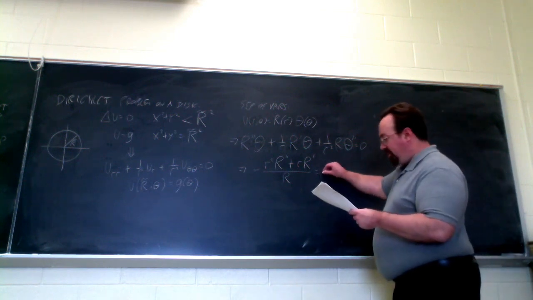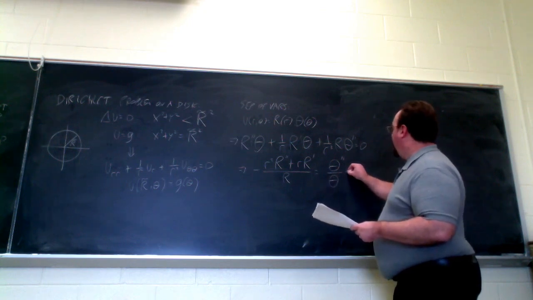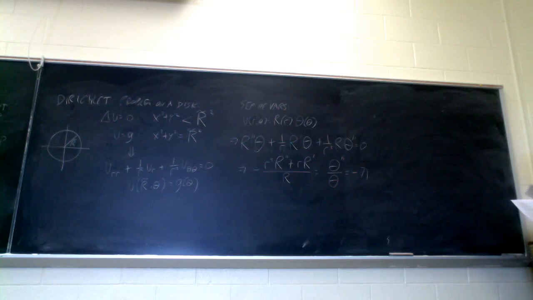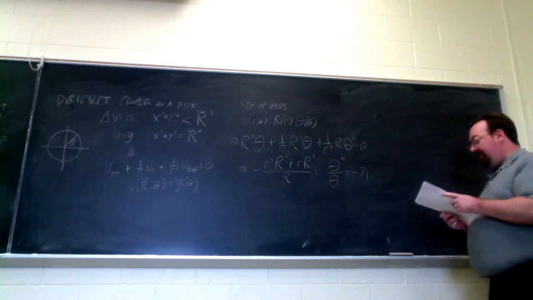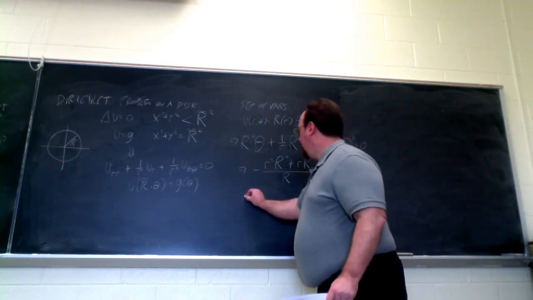And that has to equal Theta double prime over Theta. We'll set these equal to a separation constant, again minus lambda, because we're going to get the same old ODE for Theta.